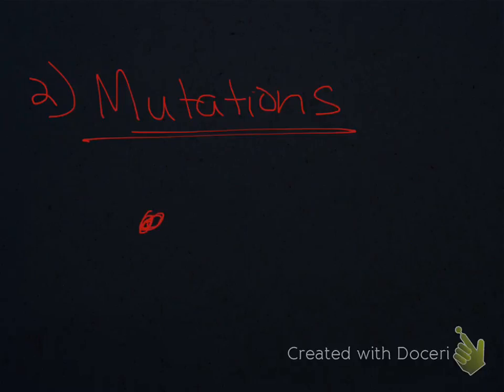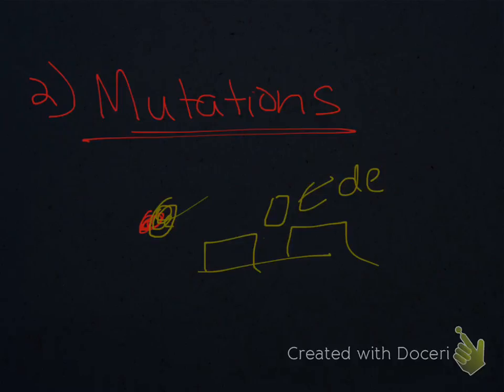There's an inherited change right there that makes a mutation. A frame shift mutation is basically a deletion of a base pair. And the rates are generally low because of DNA repair.